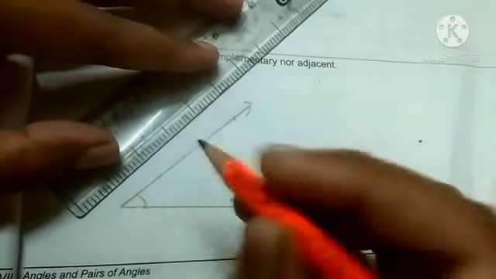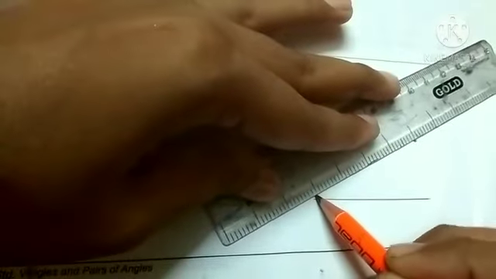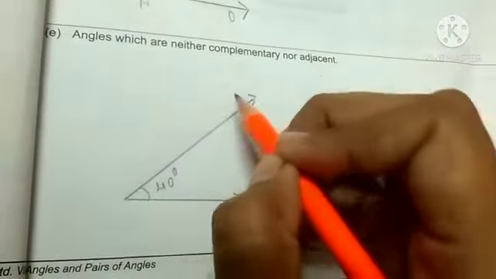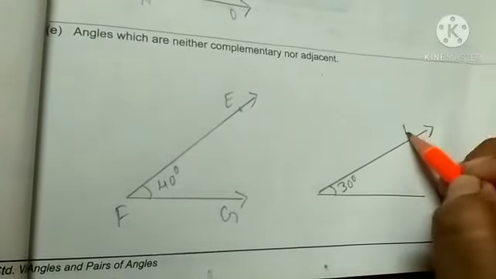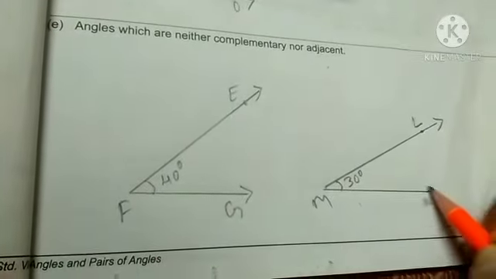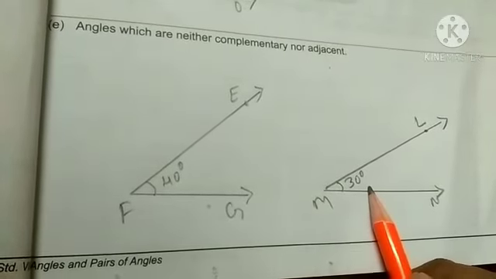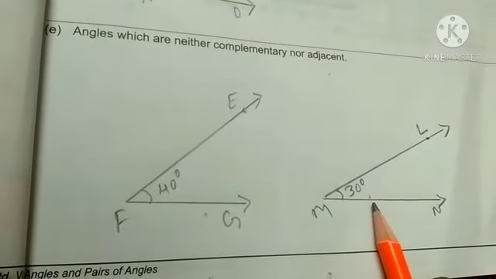So this is your 40 degree angle and this one is your 30 degree angle. Clear? So the two angles we have drawn over here. Understood? So here we have only drawn the angles which are neither your complementary angle nor your adjacent angle.